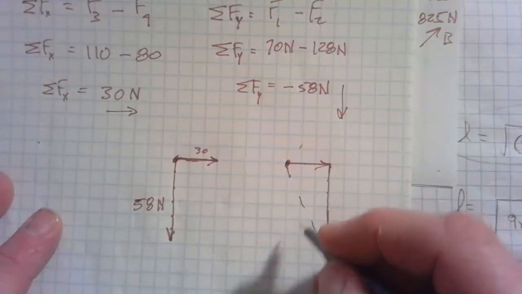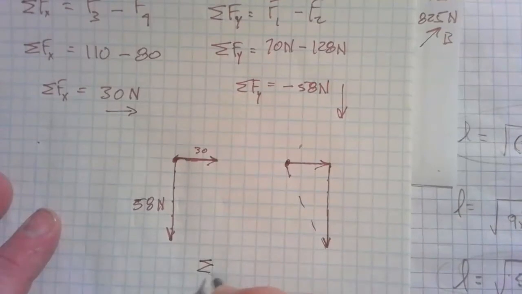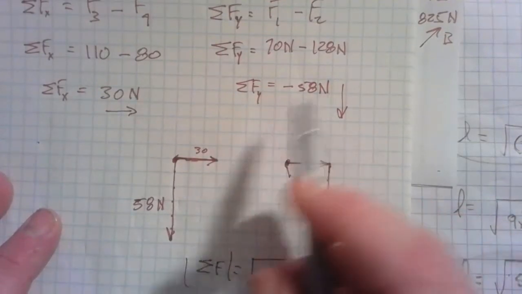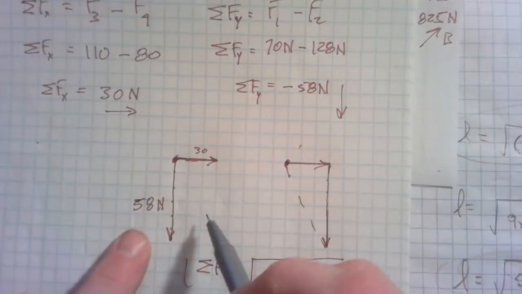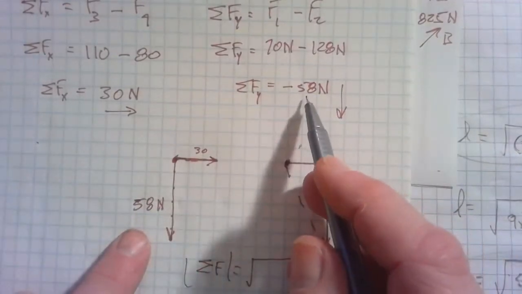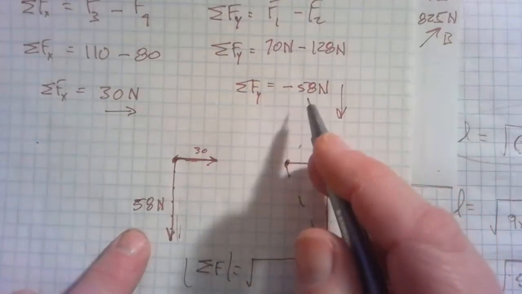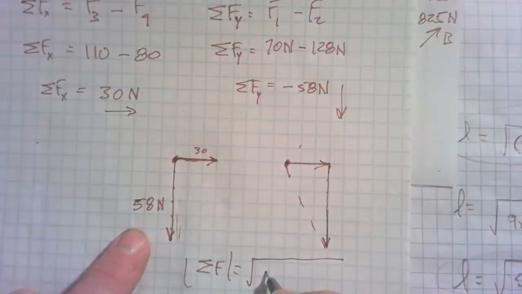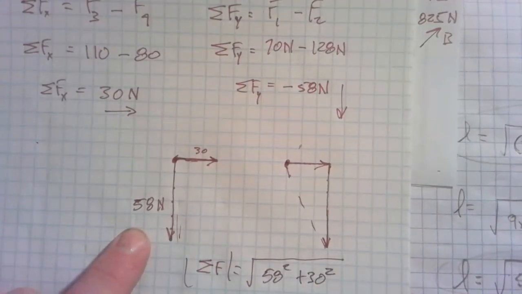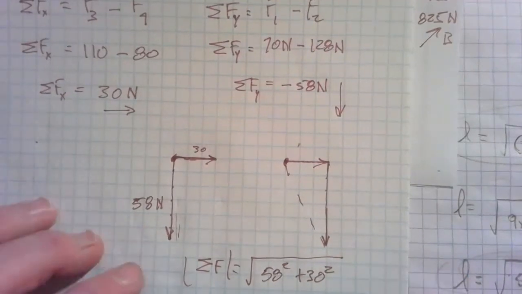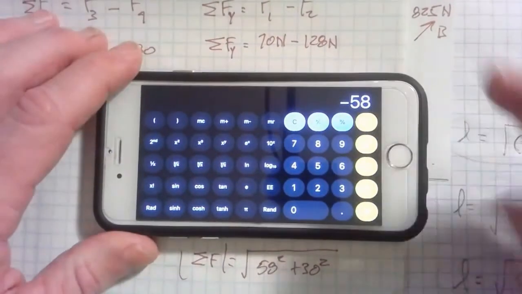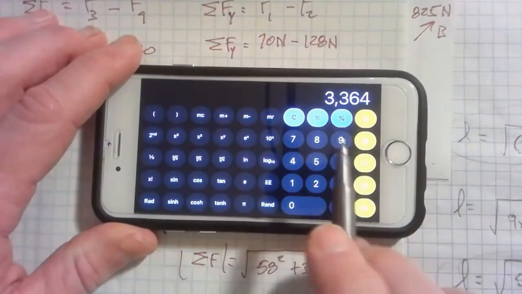So the magnitude of my net force is going to be the square root. It doesn't really matter which one I use. And once again, the negative doesn't make a difference at this point. I've already accounted for it. Even if you use a negative when you square it, it should come out positive. But it's going to be, say, 58 squared plus 30 squared, and then take the square root. So on this, I have the negative 58 there. If I hit squared, it comes out positive.